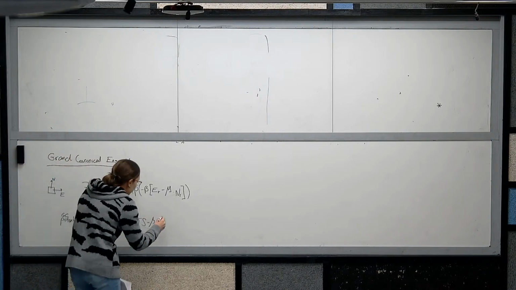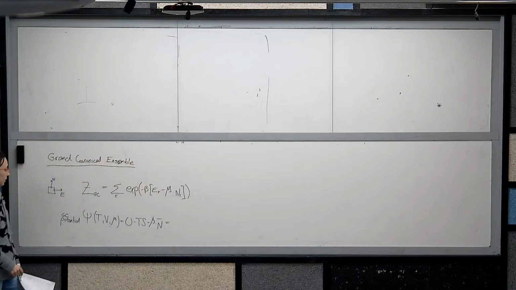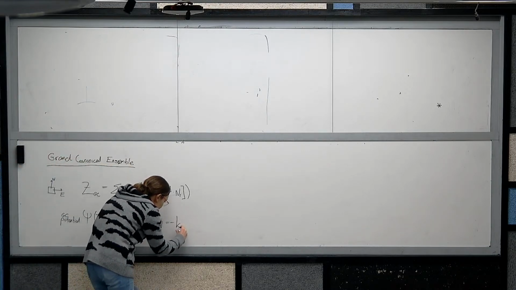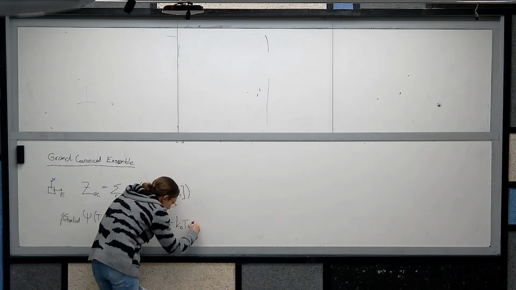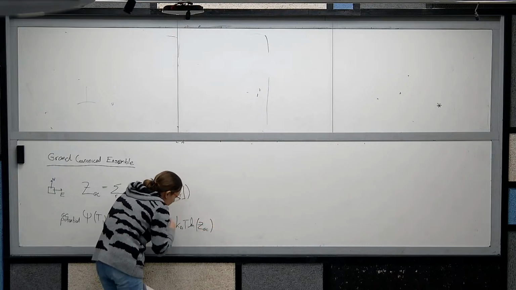And if we want to write it with the grand canonical partition function, it is just the same as in the canonical ensemble. We have minus kBT ln of the grand canonical partition function.